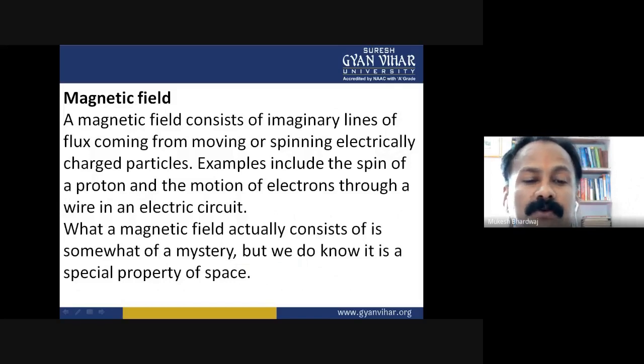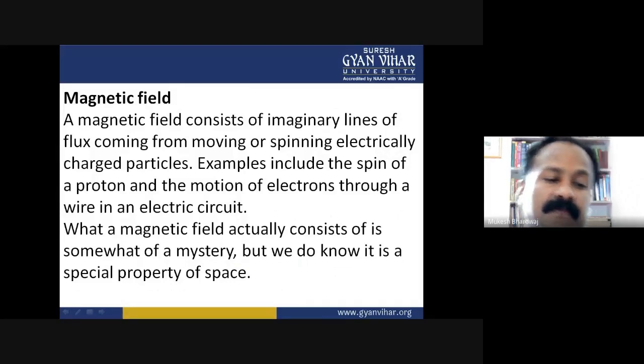If the current flows in the thumb direction, then the magnetic lines are in the direction of the closing fingers of the right hand. The field is expressed as magnetic field intensity H at a point.